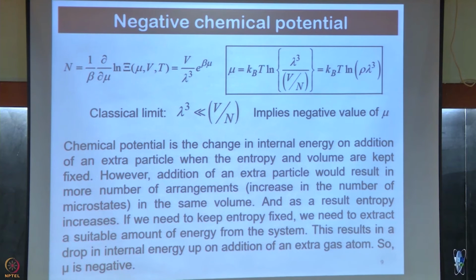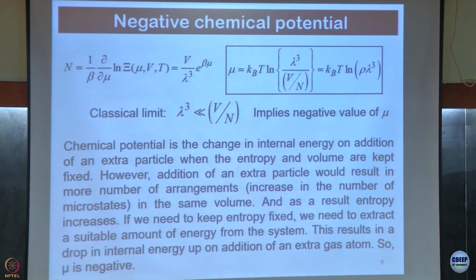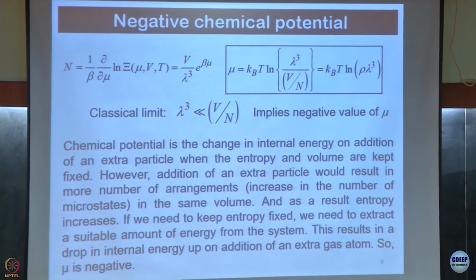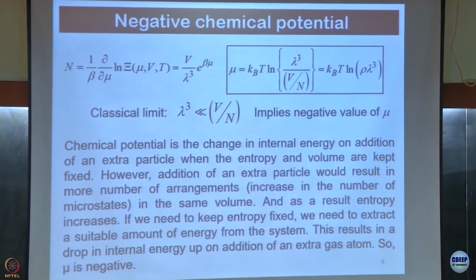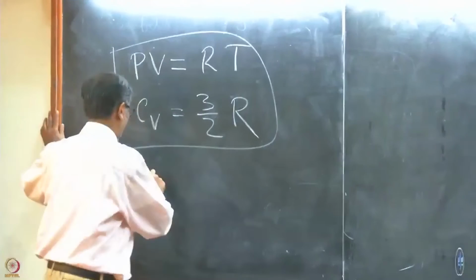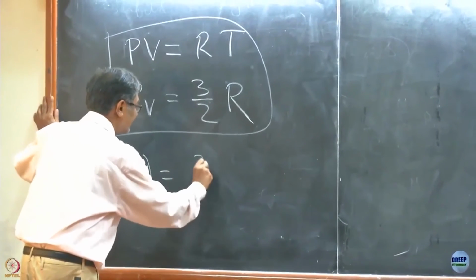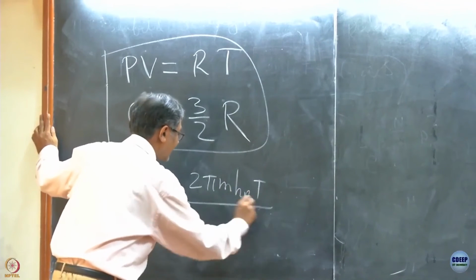Oh, lambda is this, lambda is the de Broglie wavelength, 2 pi m kBT by h square. Sorry, thank you very much. So, lambda is 2 pi m kBT by h square.